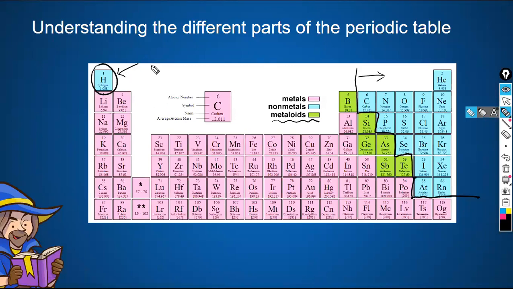Hydrogen, we know it's a non-metal. Well, I think we established that already. But here's what, he behaves like a metal. Not in all cases, but in a lot of cases, he behaves like a metal. Now, I know some of you all are probably wondering, what do metals behave like? Like, why do we classify something as a metal?